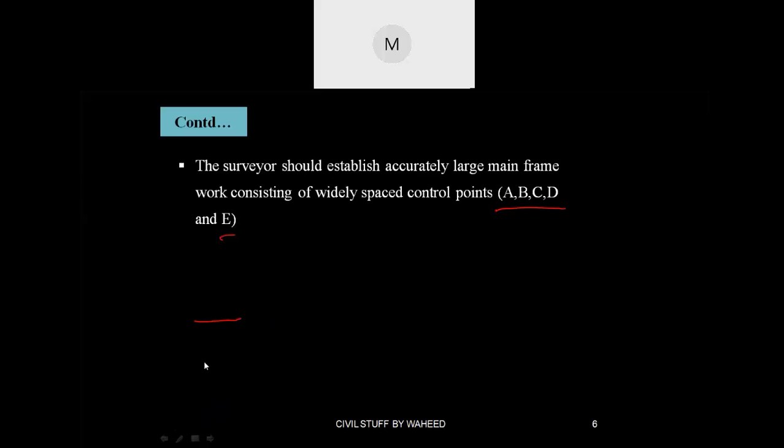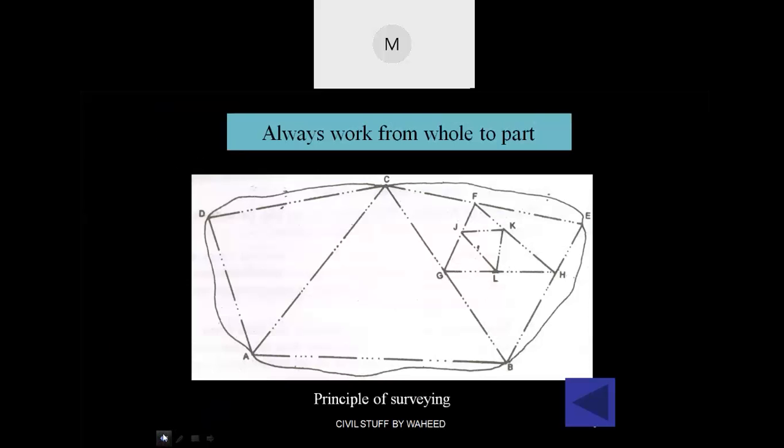So if I go back again, see, ADC is one triangle, ACB is one triangle, BCE is another triangle. Again, in between ABC, I am going to frame different sizes of triangles.